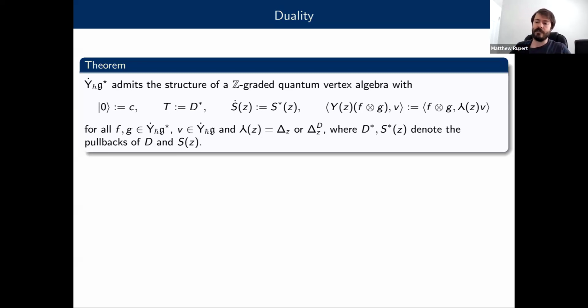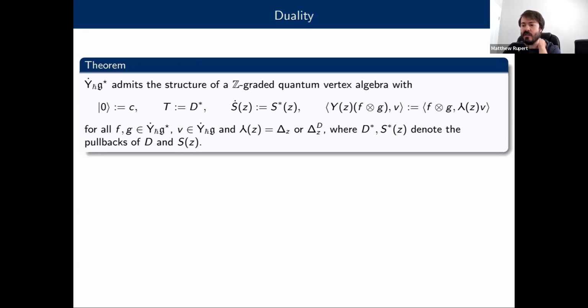And the solution of the quantum Yang-Baxter equation is the pullback of the solution of the quantum Yang-Baxter equation for the Yangian, right? This add of R of Z. Then we can define our state field correspondence in, I think, the most obvious way you would define it on the dual. And then this actually does give you a Z-graded quantum vertex algebra.